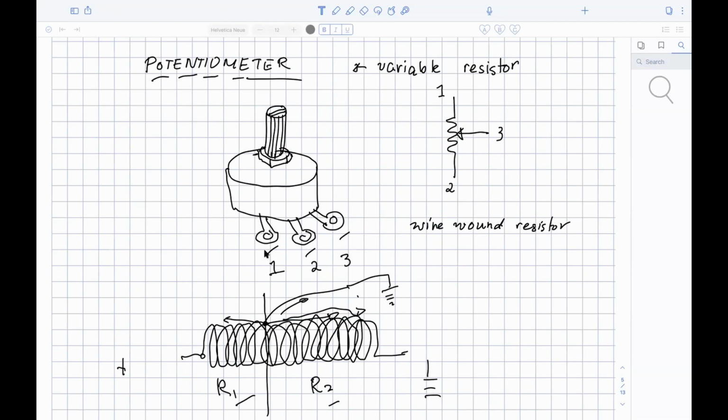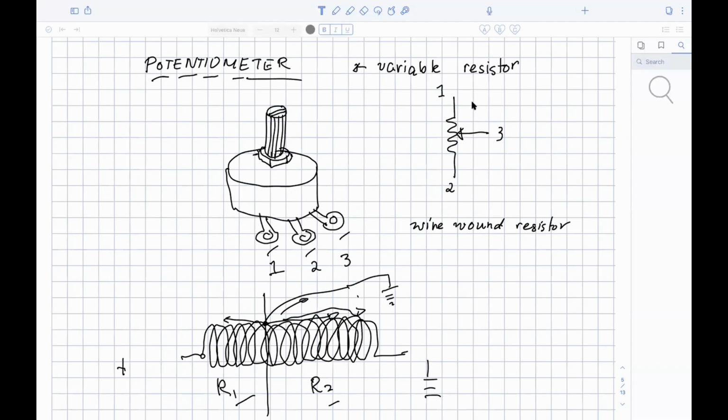Those are the two ends of the wire wound resistor inside. The 2 is where the contact slides. This knob here is actually a contact point, a conductor, and it's touching the wire at different points in the circle.